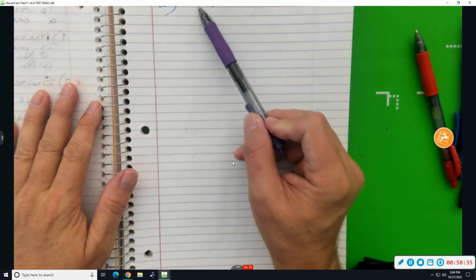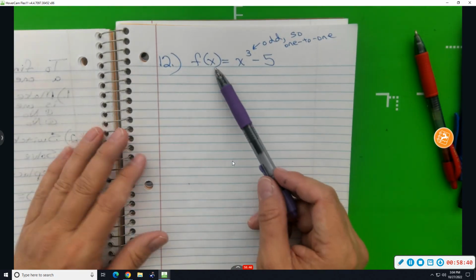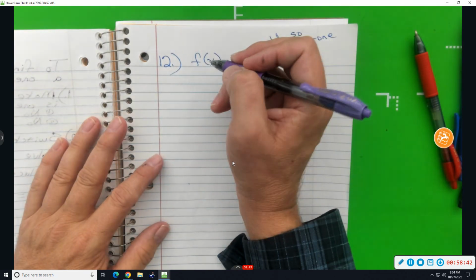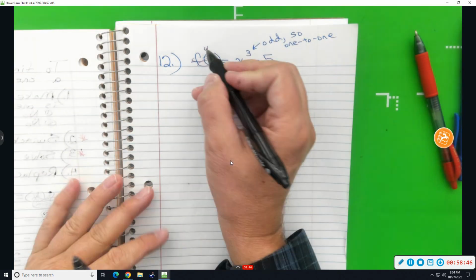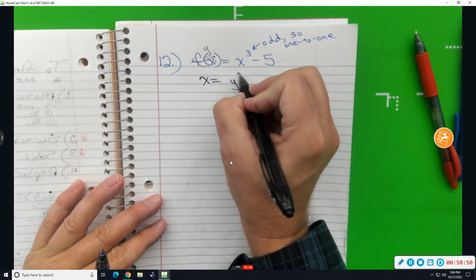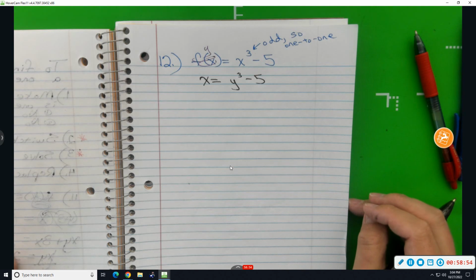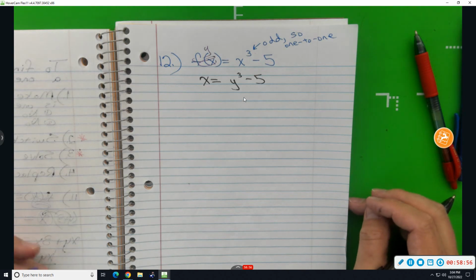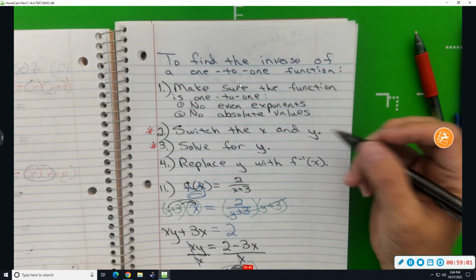So remember, f of x is acting like what letter? That's y. So y becomes x becomes y. Oh, this is going to work out nicely. We switch the variables. That was step 2.